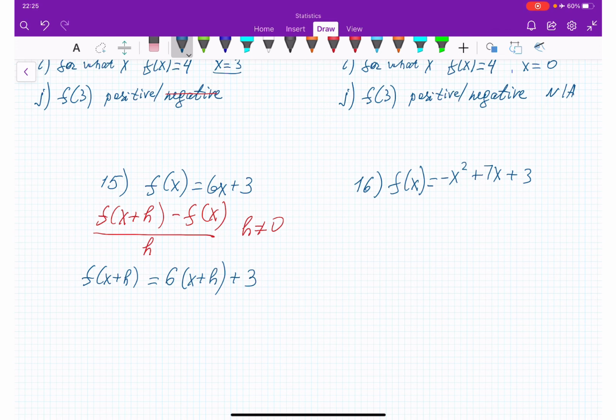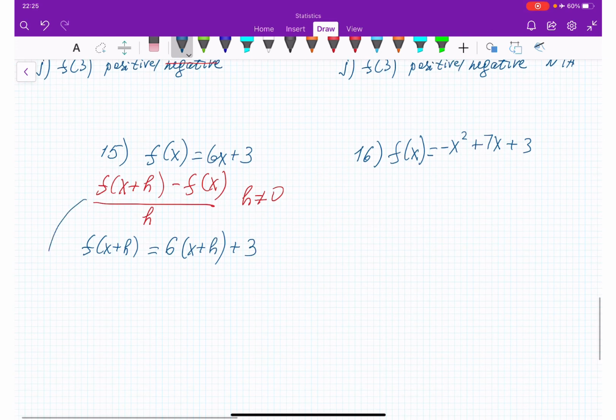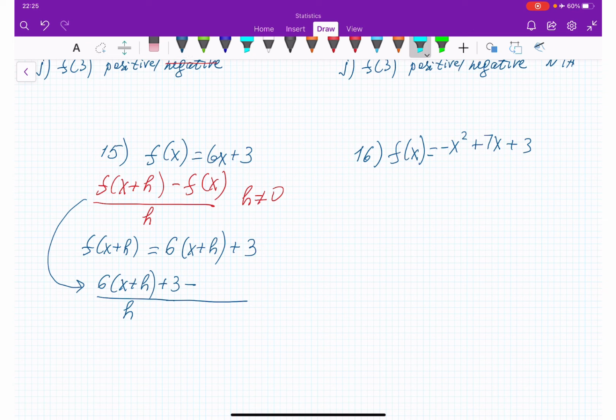Now I can apply the formula. Not formula, but template, I would say, form. Okay, so f of x plus h is going to be 6 times x plus h plus 3 over h, and then minus f of x, right?